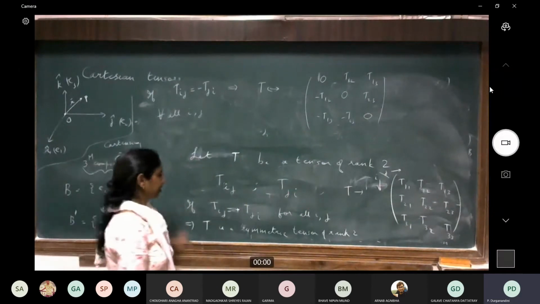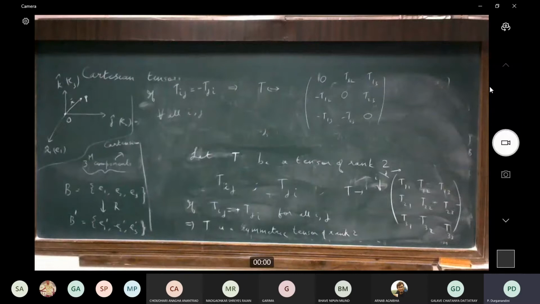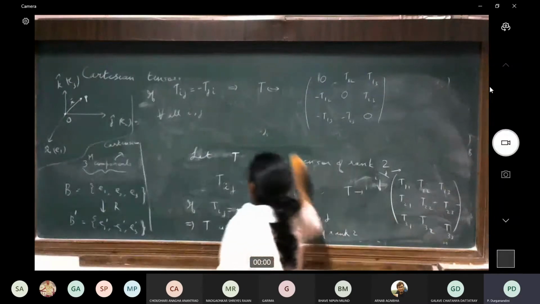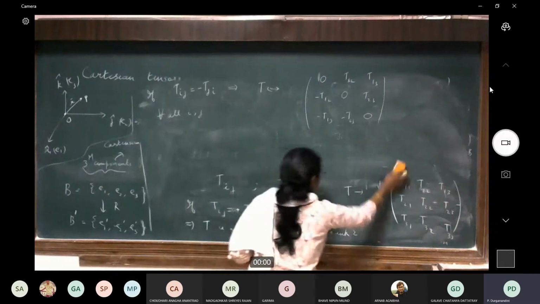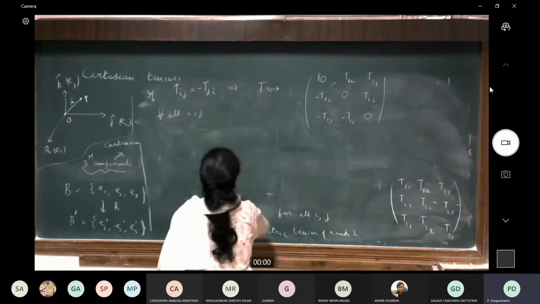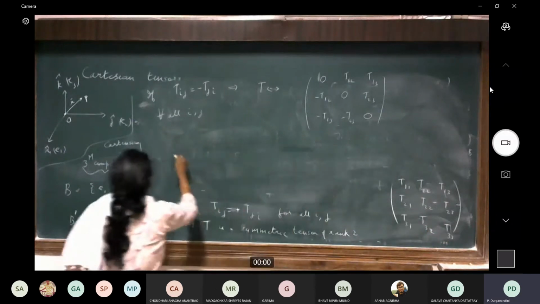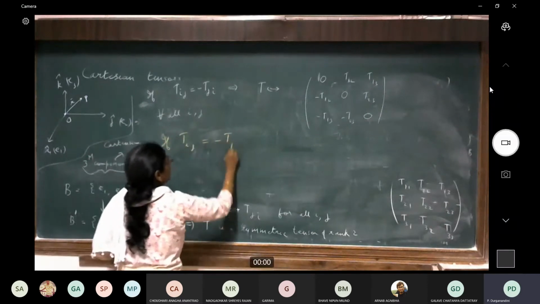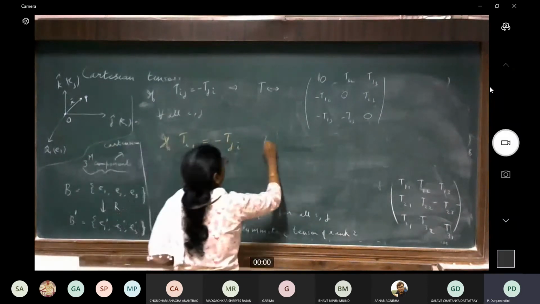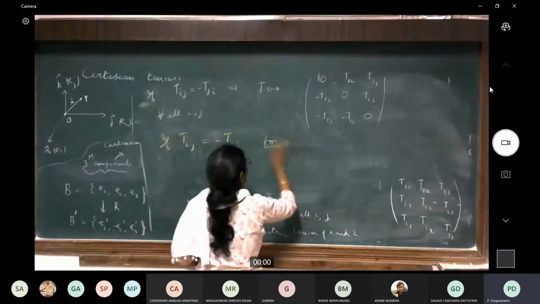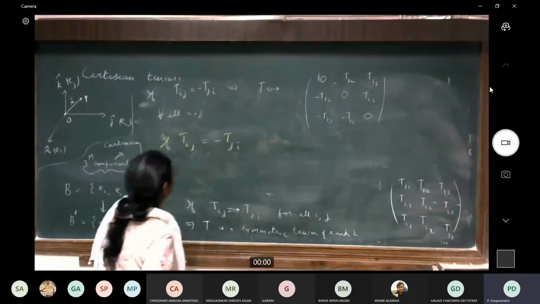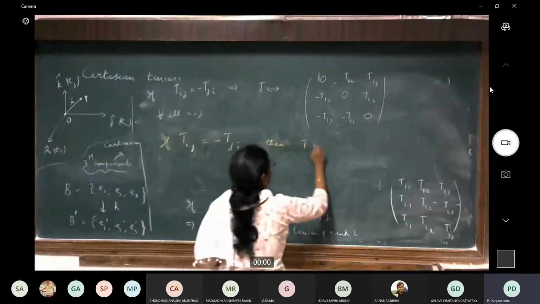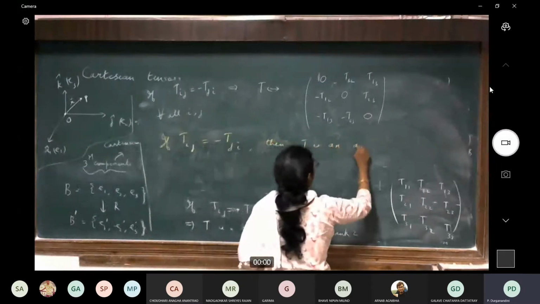And we use the same definition here. That if your Tij equal to minus Tji, I'll just write it like this, it means the same thing, then T is an antisymmetric tensor.